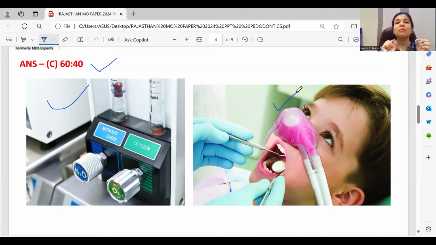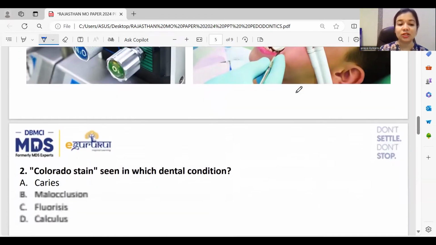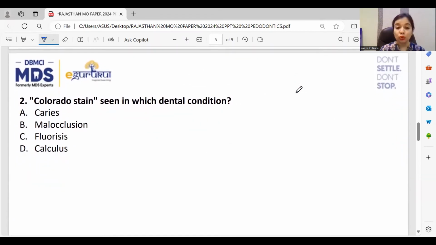But the maximum amount of nitrous oxide that you can pass in a patient is 60%, and 40% of oxygen should be continuously running through. So the answer is 60 to 40 ratio of nitrous oxide to oxygen. Answer here is C.